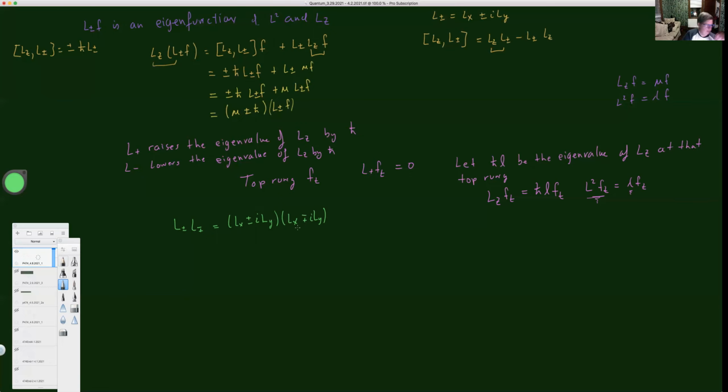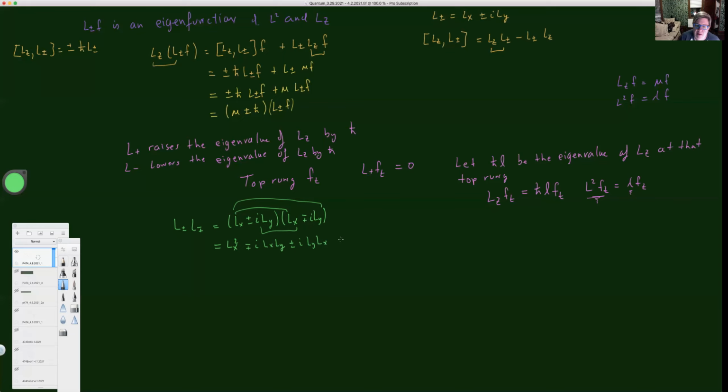All right, so now let's multiply through. So we have Lx squared, Lx times Lx, which is Lx squared. Okay, and then, so that's these two. And then this one here, it's going to be minus plus i Lx Ly. And then this one here is going to be plus minus i Ly Lx. You can probably see where that's going.